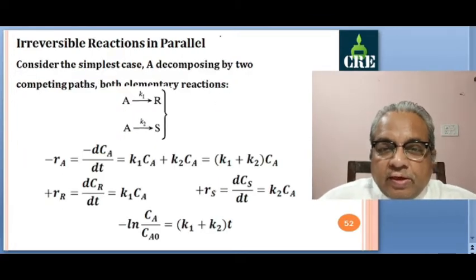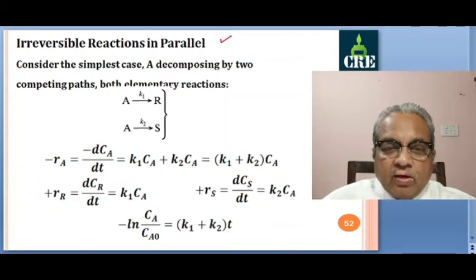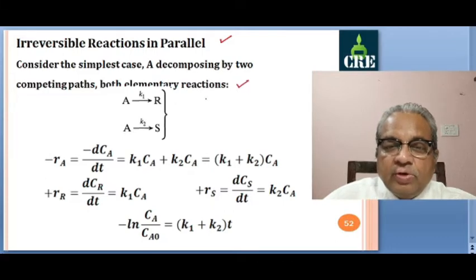Now we'll see another category of reactions, that is irreversible reactions in parallel. So simplest possible case, we'll see A is decomposing by two competing paths and both are elementary reactions.